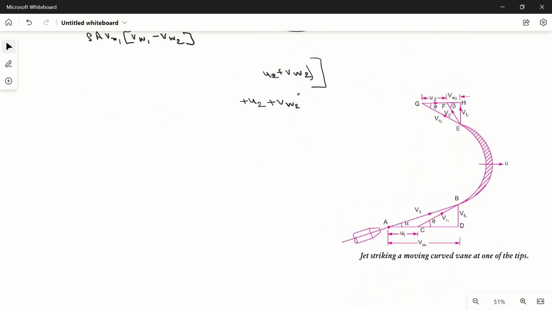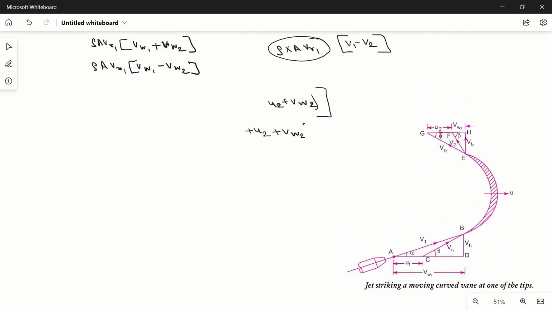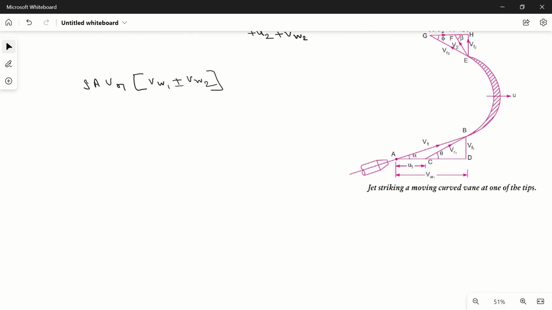So we can write it as rho a VR1 in bracket VW1 plus or minus VW2, because it can be plus or minus. Now this is the force in the horizontal direction exerted by this jet on this blade or vane.